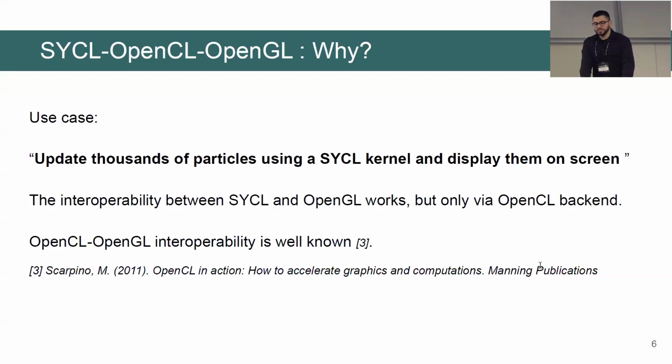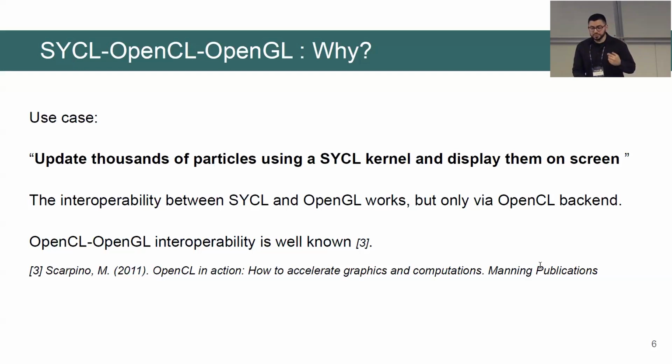One approach is to send the particle positions to a SYCL kernel and then copy back to the CPU and then send the particle positions to the OpenGL pipeline. But this is very wasteful. So the solution is to find an interoperability between SYCL and OpenGL.